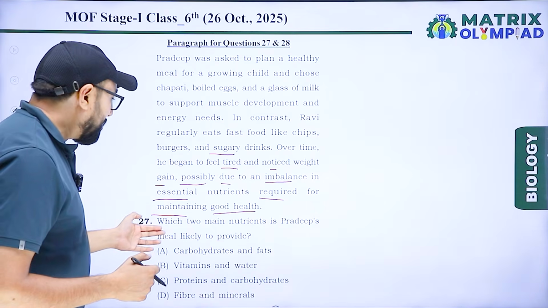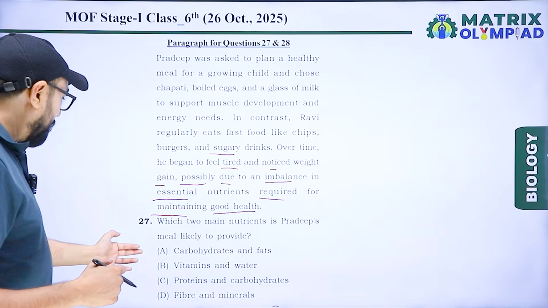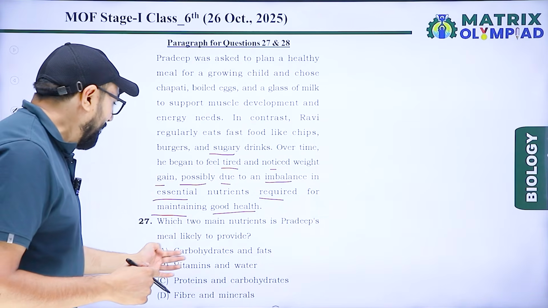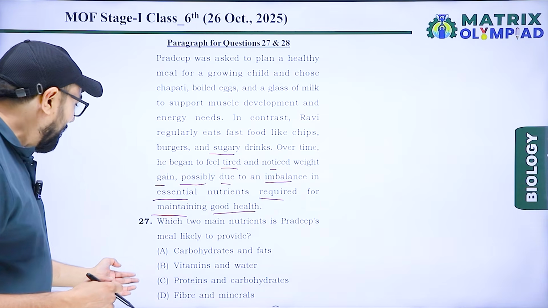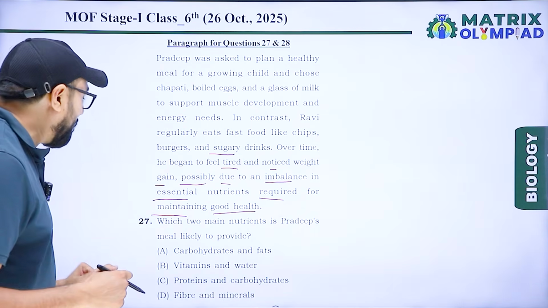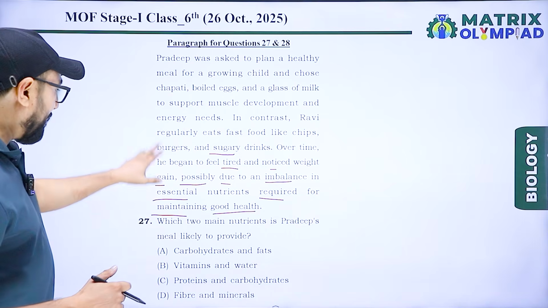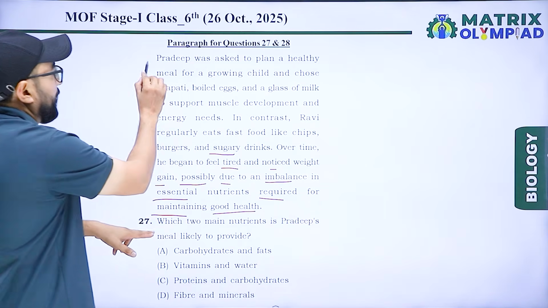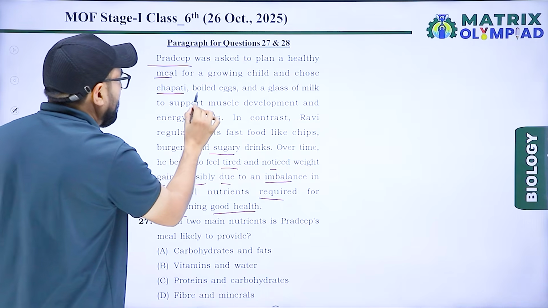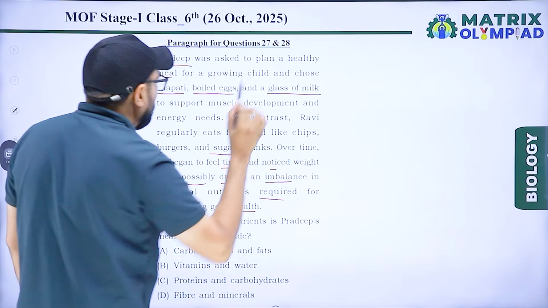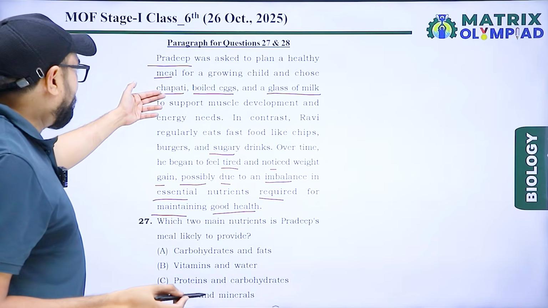Option A, carbohydrate and fat. Option B, vitamin and water. Option C, protein and carbohydrate. And D, fiber and mineral. According to the paragraph, Pradeep planned a healthy meal of chapati, boiled egg, and a glass of milk.